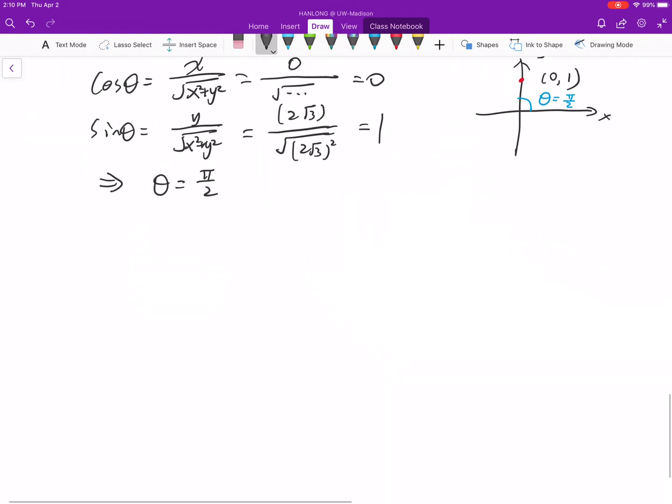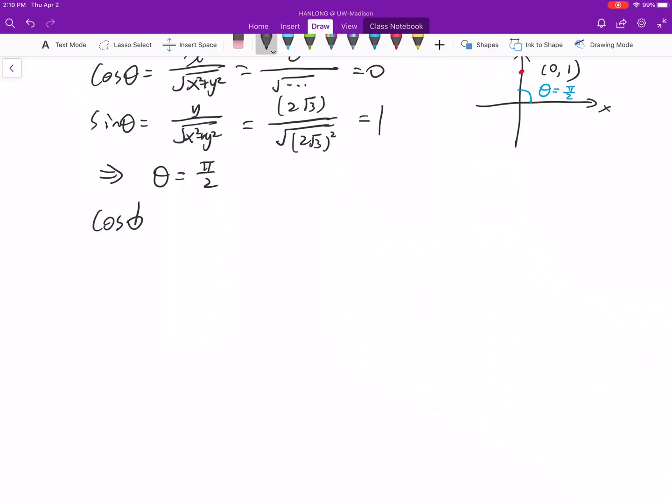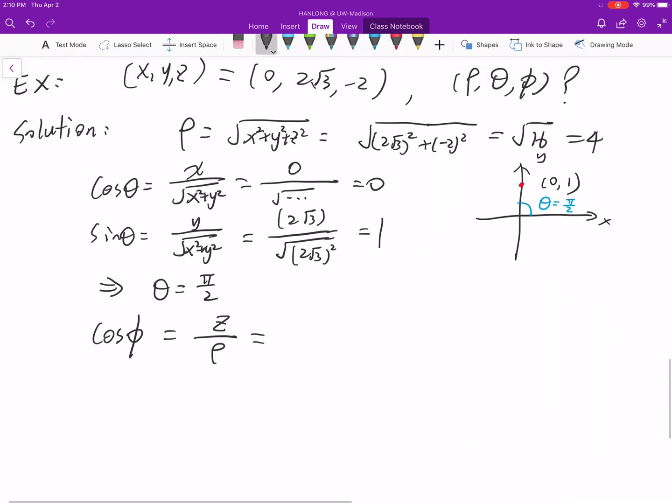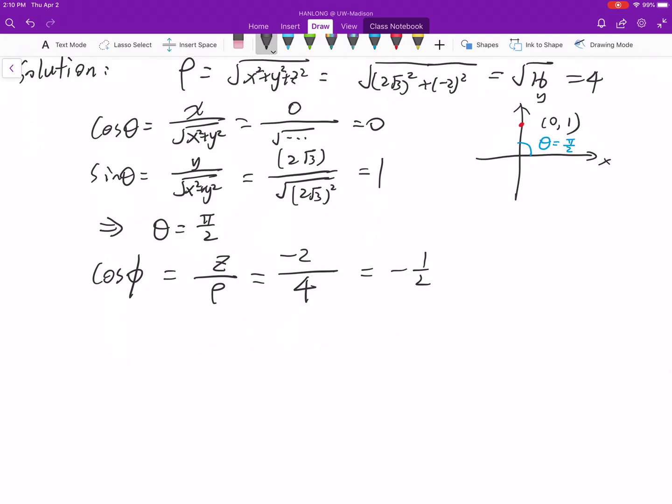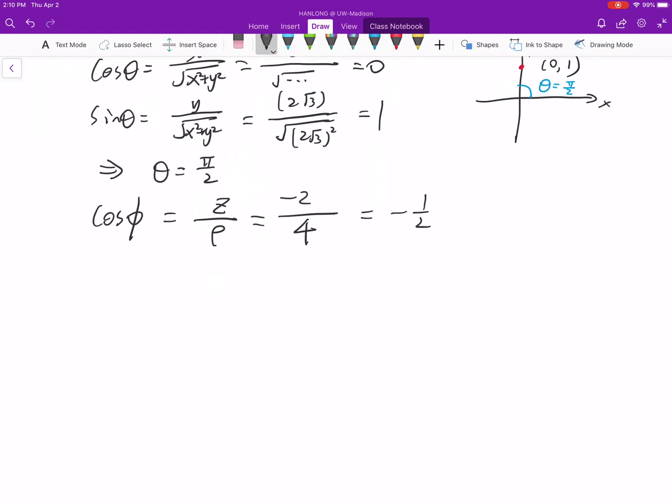Okay, then for cosine phi, it's z over rho, and z is -2, rho is 4, so -1/2. And recall, since phi is between 0 and pi, the only solution is phi equals 2 pi over 3.